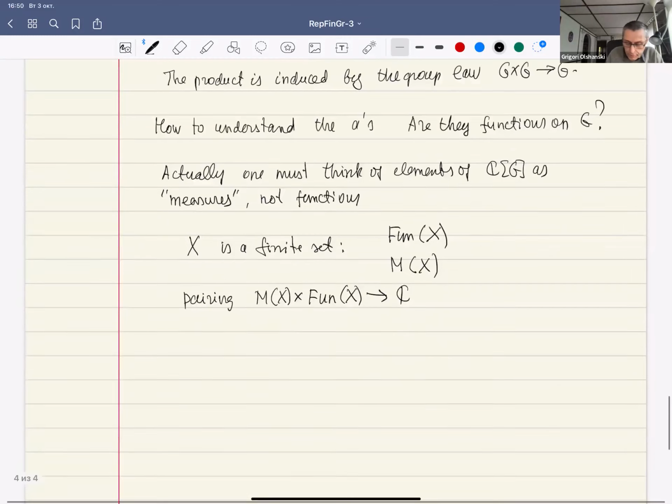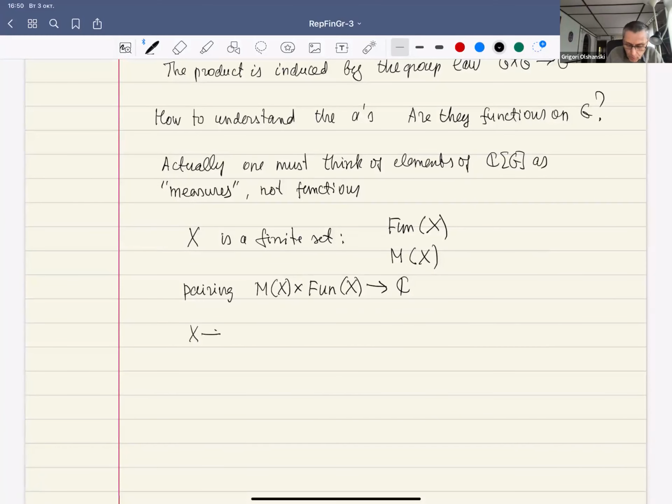And note that if you have a map between two finite sets, then the space of functions is mapped in the reverse direction, and measures are mapped in the same direction.